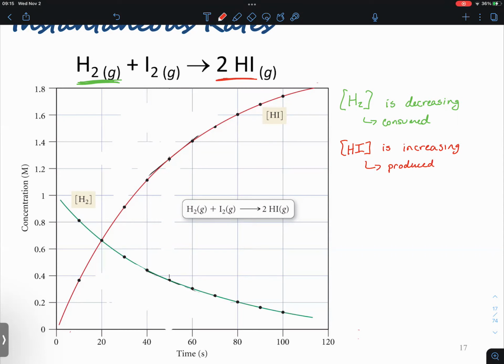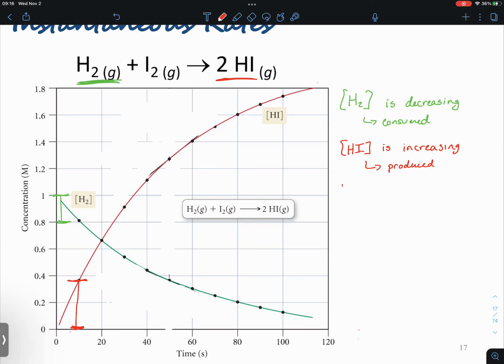Furthermore, we can see that for every point that this green line decreases, from here to here, we see twice as big of an increase in our red line. For every unit that we lost in our hydrogen gas concentration, we've increased twice as much in our HI concentration, and again, that's because of that stoichiometric coefficient.